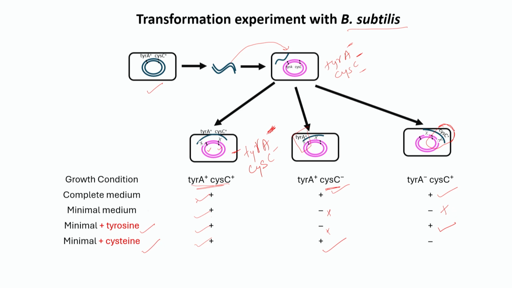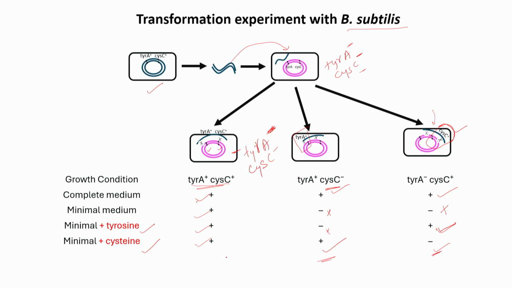Why? Because it already has cysteine with it, and you have given tyrosine to it, so now it is growing on a tyrosine positive plate. And it will not grow on the cysteine positive plate, by the same argument we gave in the previous condition, that cysteine is something that it can make on its own. It needs tyrosine, which you are not giving, so it is not growing.